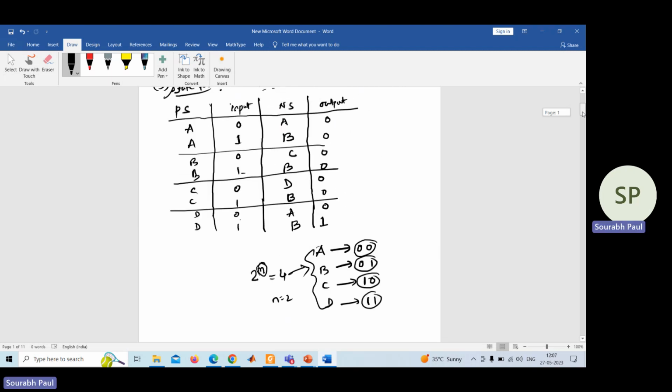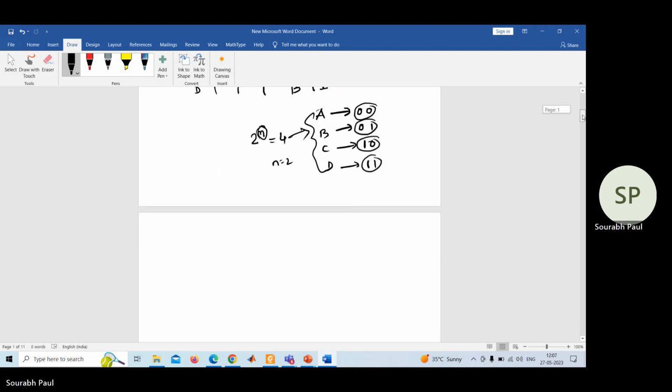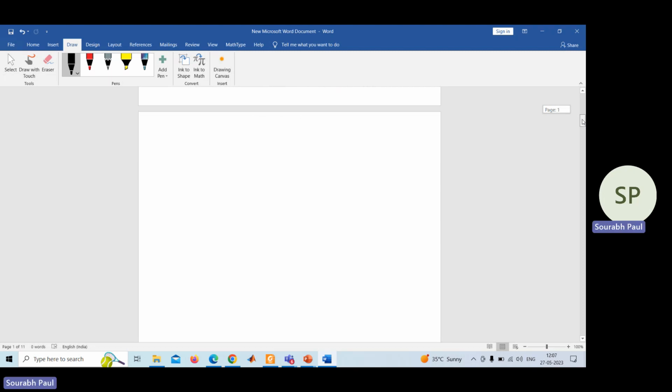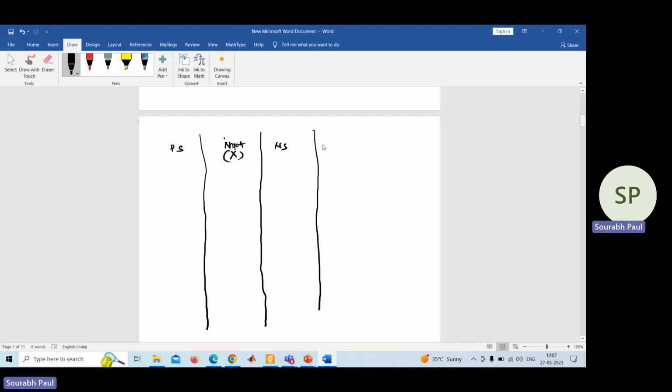Now replace the A, B, C, D values by this 00, 01, 10, 11 combination. So I'll write it here, on the next page. So present state you have, then you have next input. I'm considering X as my input. Then you have next state. Then you have output.